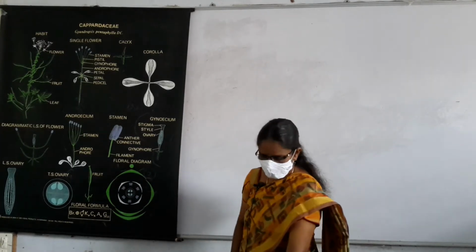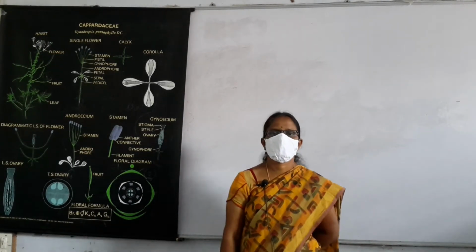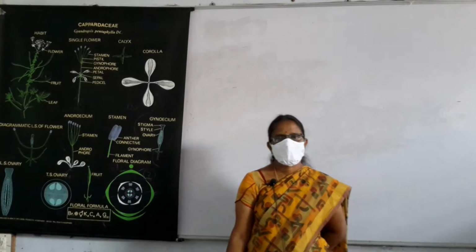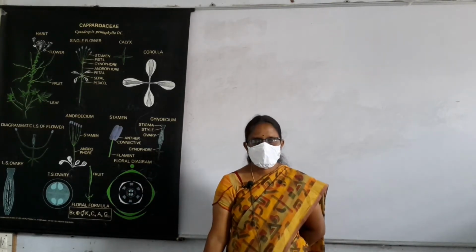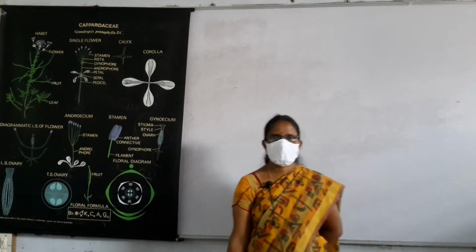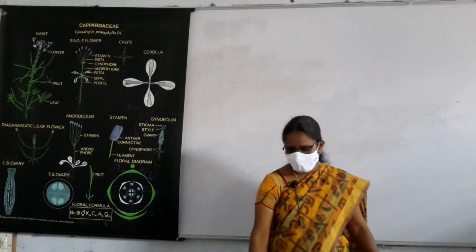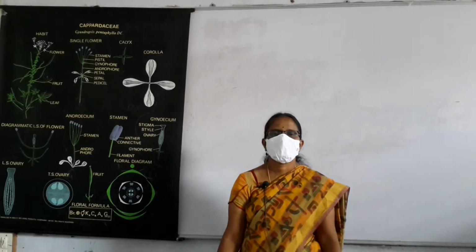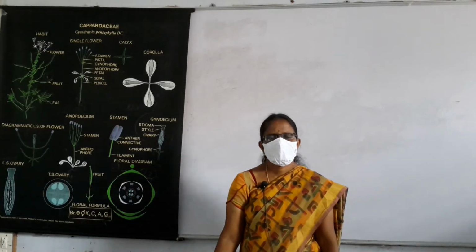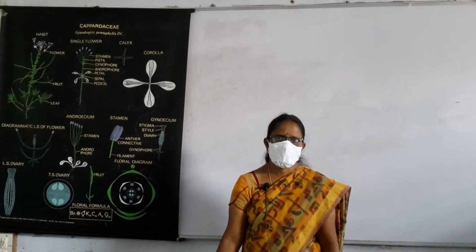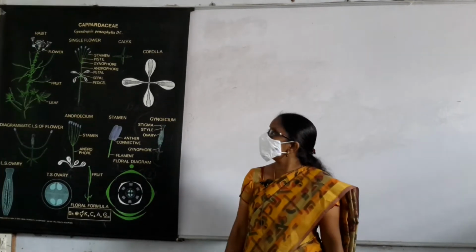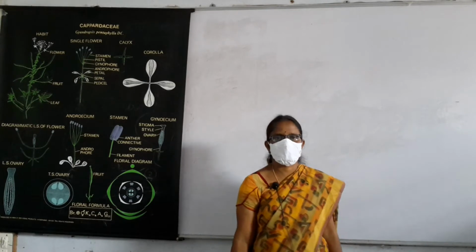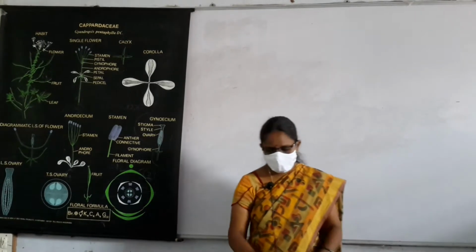The Capparidaceae classification: it is also a dicotyledon family, the class is Dicotyledonae, the subclass is Polypetalae, the series is Thalamiflorae, the order is Parietales, the family is Capparidaceae, and the genus and species are Cleome viscosa or Gynandropsis pentaphylla. Take any one as an example.